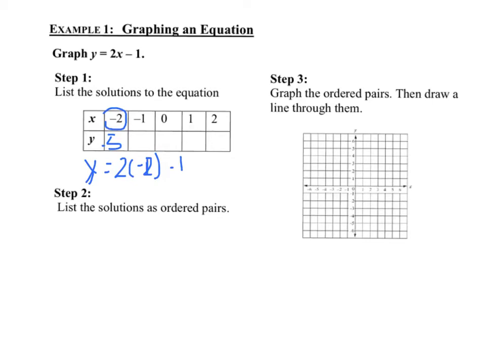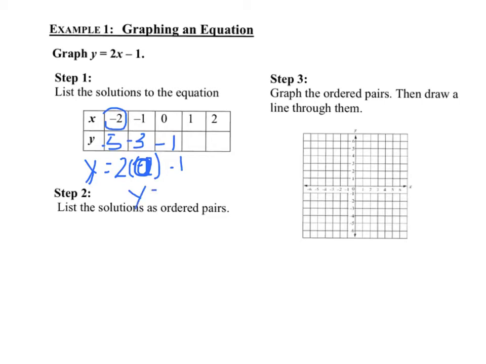All right, let's say it's a negative 1. 2 times negative 1 is negative 2. Negative 2 minus 1 is going to give me a negative 3. So let's say I place in a 0. 2 times 0 is 0. 0 minus 1 is negative 1.